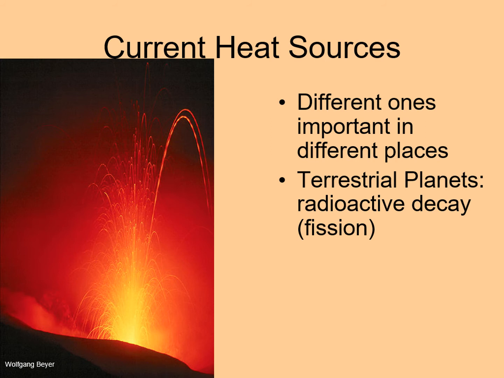In terrestrial planets, this radioactive material is common enough that it can be an important heat source. That's because most radioactive elements are concentrated in rock. Very few of them are found in ices or gases. So as the heat from accretion and differentiation dissipates, radioactive decay dominates the interior heat for these worlds.